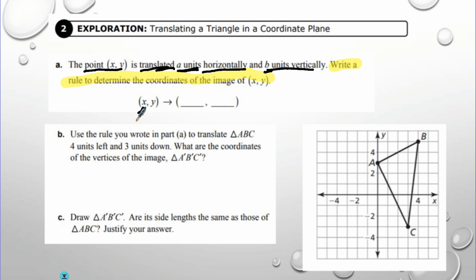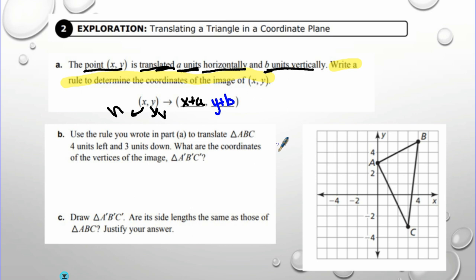So the X part here is going to be my horizontal movement, and the Y is going to be my vertical movement. That means I'm going to take my X value and add to it whatever A is. I don't know that value, so I'm just going to put the letter they said. Then I'm going to take my Y value, the one going up and down, and add whatever the B is.